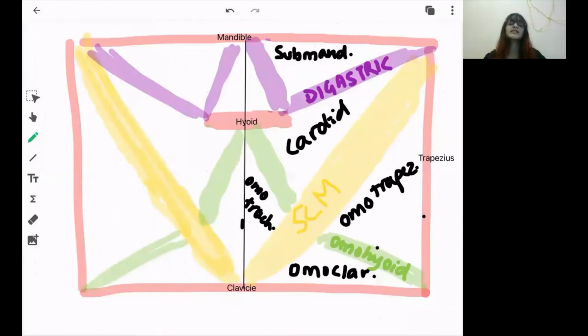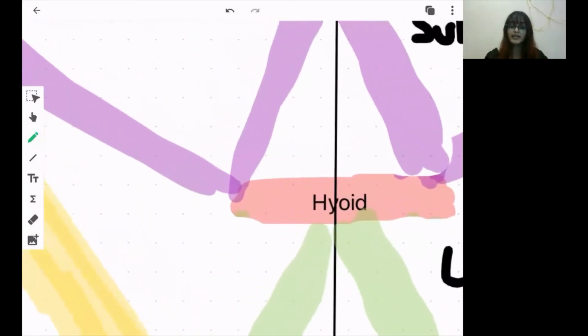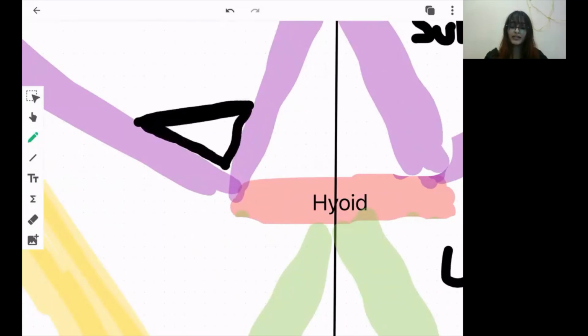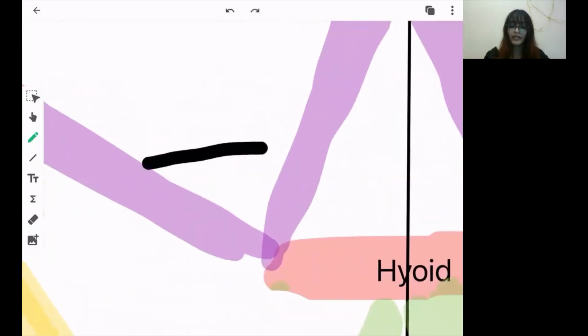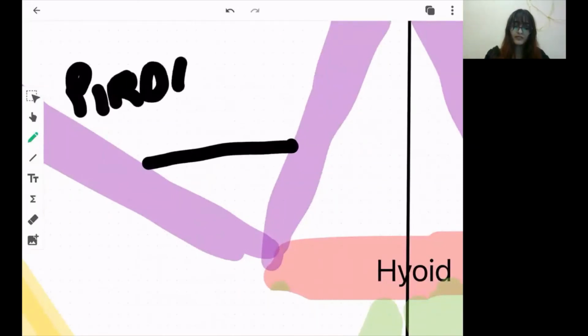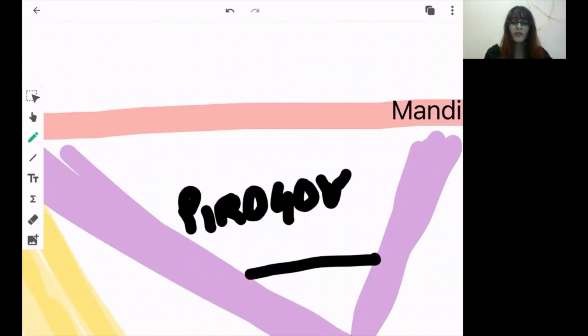So again, very easy: the submandibular, omotracheal, omotrapezoid, omoclavicular, and the last one and the most important, the carotid triangle. There's also another triangle that is in the inferior angle of the submandibular triangle, that is right here. This is called your Pirogov's triangle. So let's talk about its boundaries.